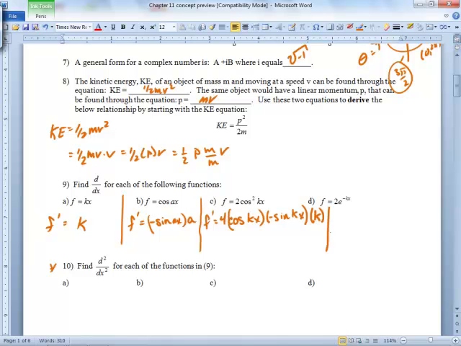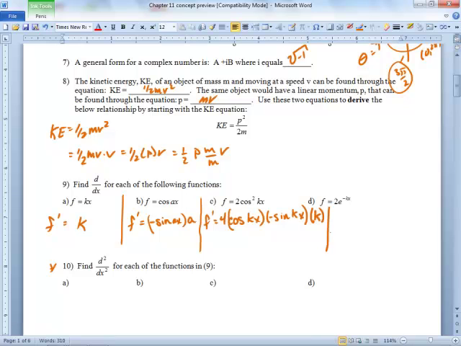How about f equals 2e to the negative kx? Kathleen, how do you take the derivative of an exponential like that? It's the same thing again.